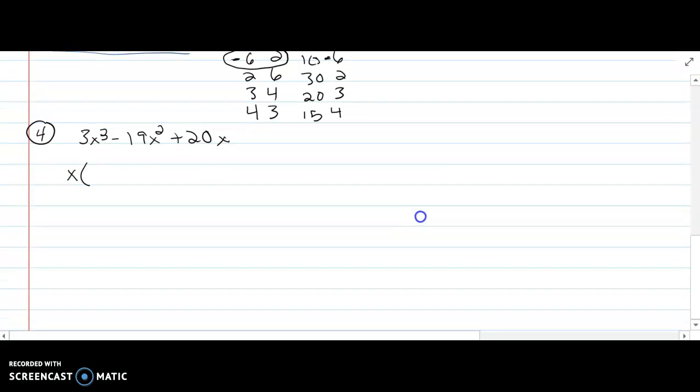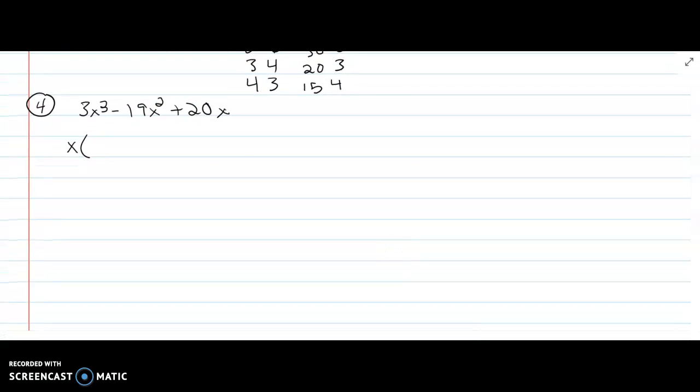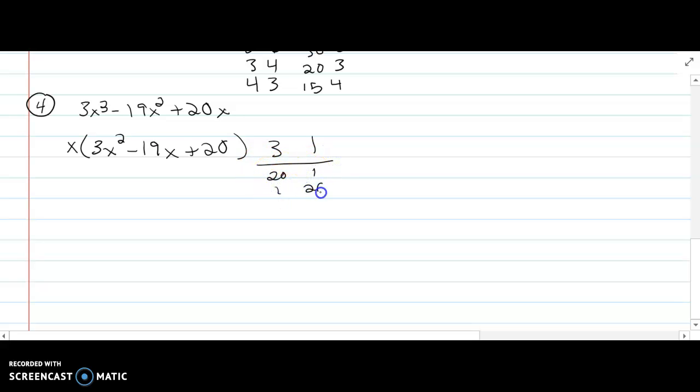It's going to be the same idea for this one. So then I have what's left over, 3x squared minus 19x plus 20. All right, factor this one. I have 3 and 1, different ways to multiply to 20. 10 and 2, 10. All right, cross multiply.